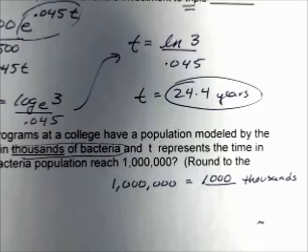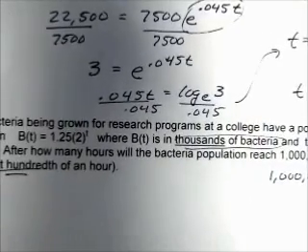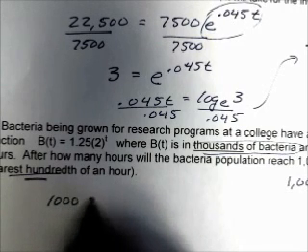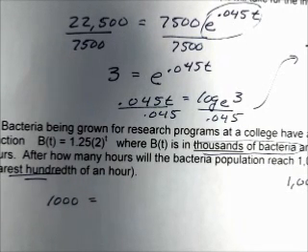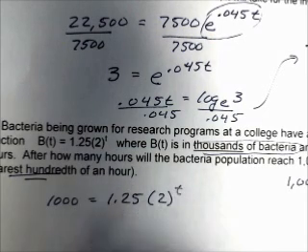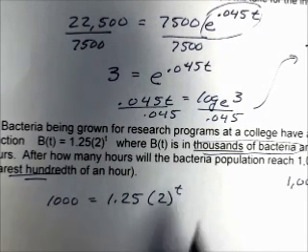So we replace our b of t with 1,000. So 1,000 is equal to 1.25 times 2 to the t, and we're finding t, time here.